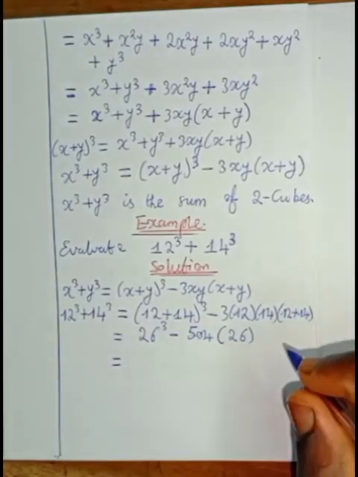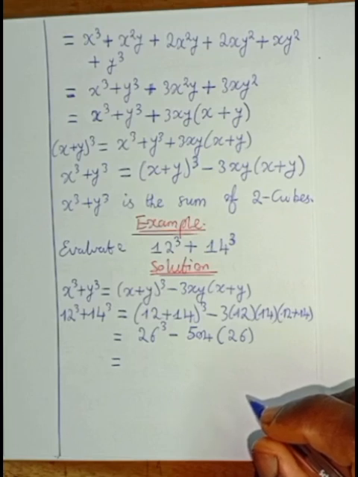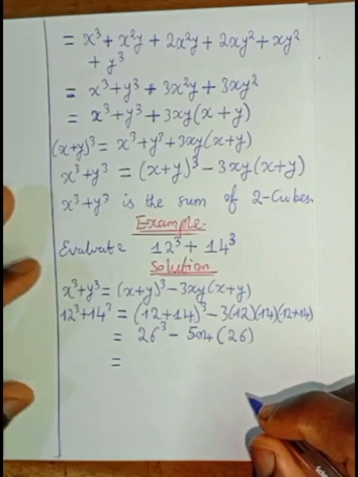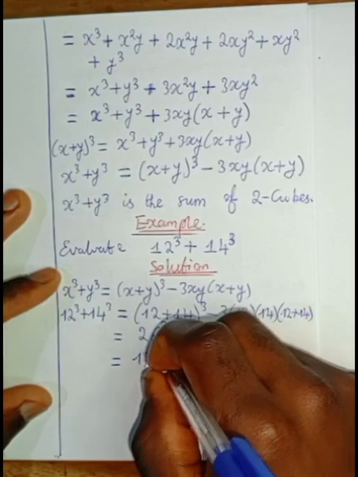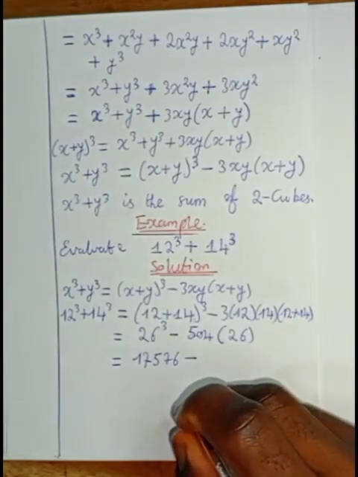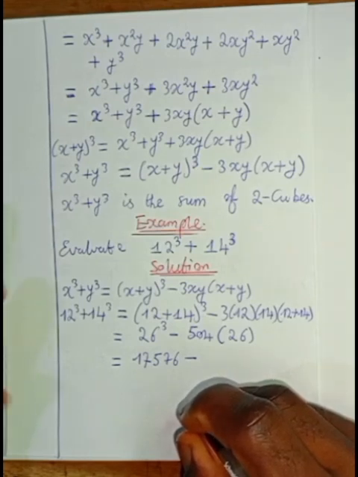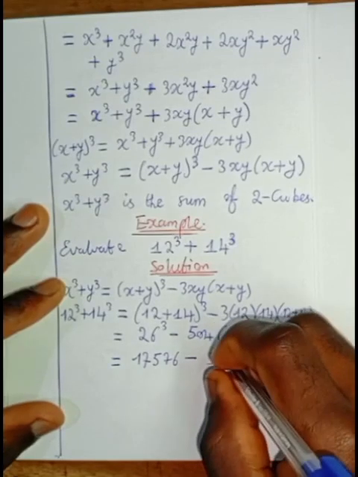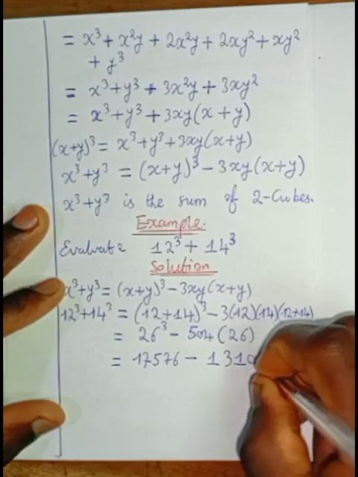So this will simply be equal to 26 cubed, which is 26 times 26 times 26, which is 17,576, minus 504 times 26, which is 13,104.